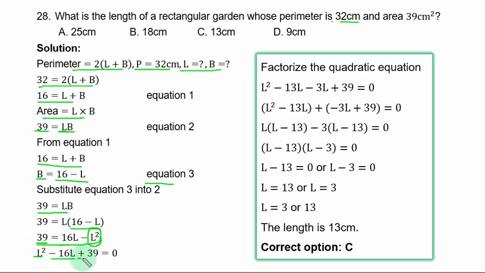You have it as L squared minus 16L plus 39 equal to 0. You need to factorize to continue the solving. To factorize, look for two factors of 39 that the sum is minus 16. Such factors are minus 13, minus 3.